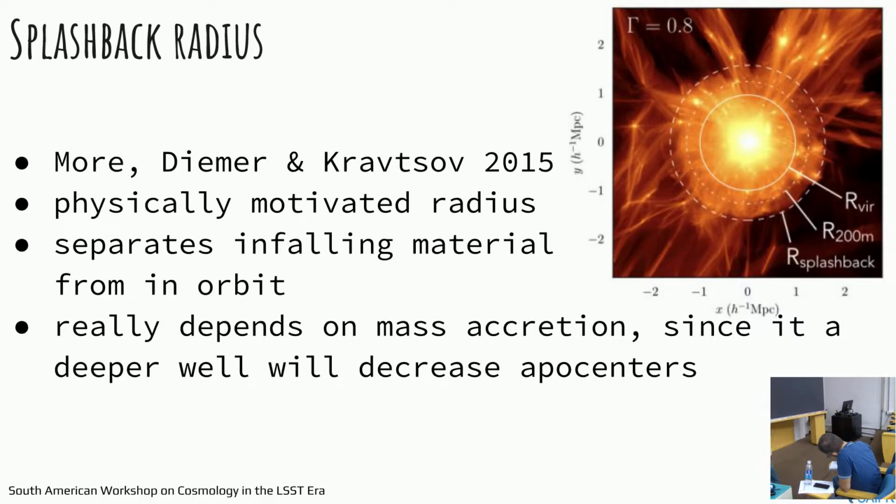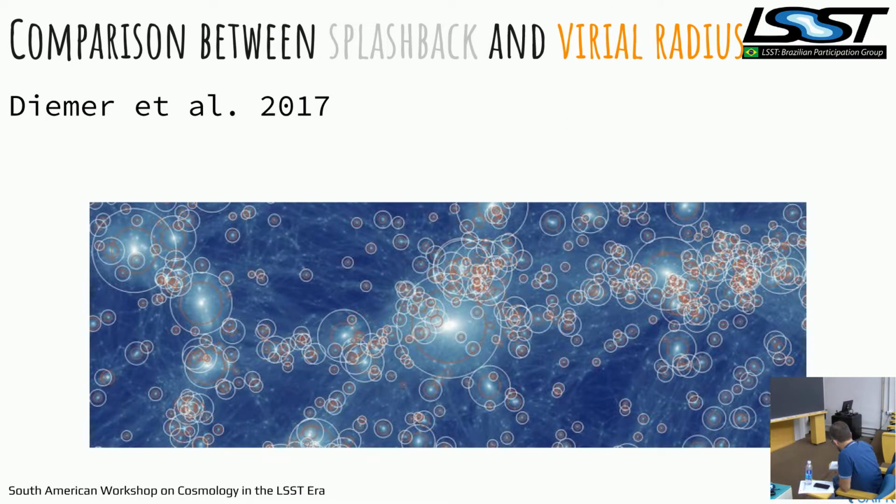And since it's this radius that's tracking when a galaxy first gets into a cluster, it's really telling you about mass accretion. It's a really good way of tracking the evolution of the cluster. This is just to compare how the splashback, here in this gray line, compares to the virial radius for different halos in the simulation.